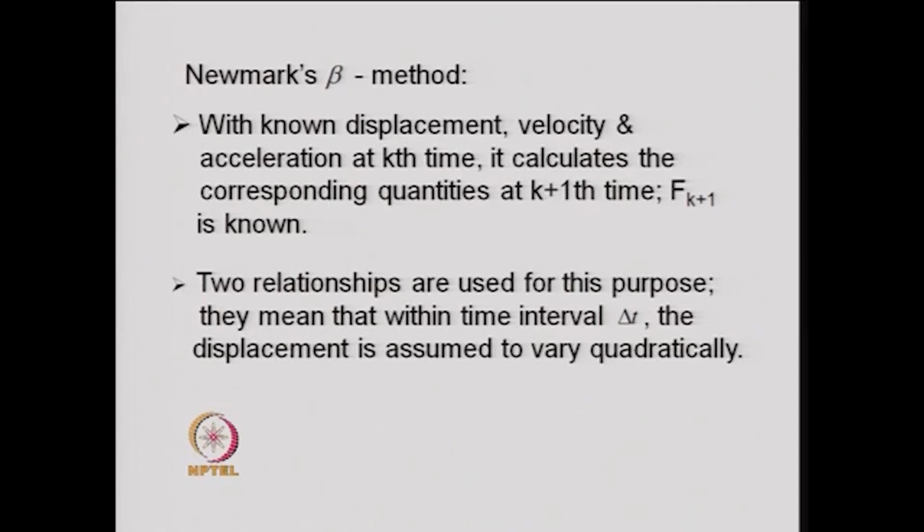So, with these three known solutions, one can obtain the constants C 1, C 2, C 3, C 4 of the A matrix, and one can write down the entire Duhamel integration in this recursive format.